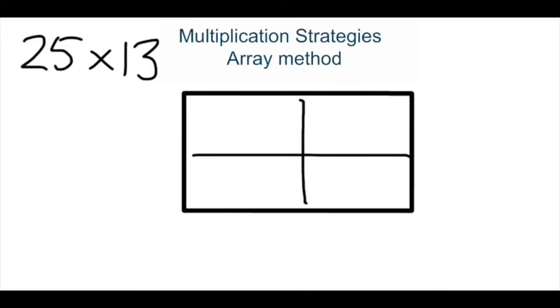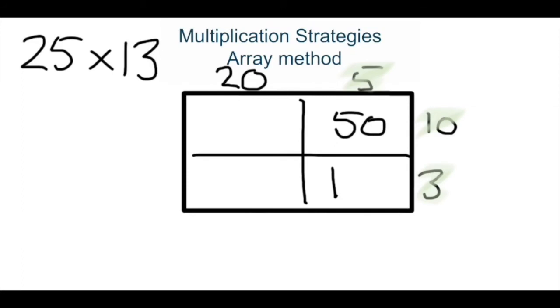So we write our numbers as 20 and 5, because in 25 we have 2 lots of 10 and 5 lots of units, and we split it into 10 and 3 for our 13.